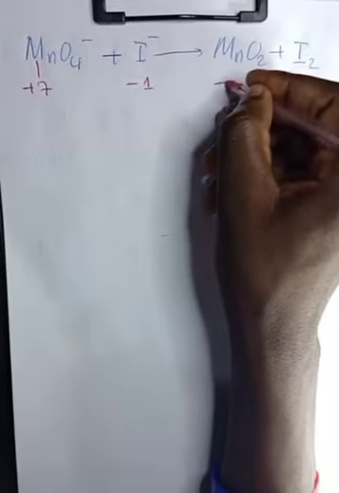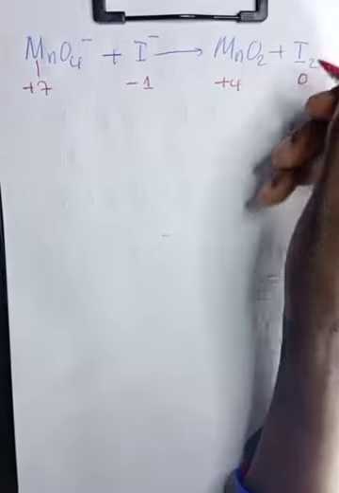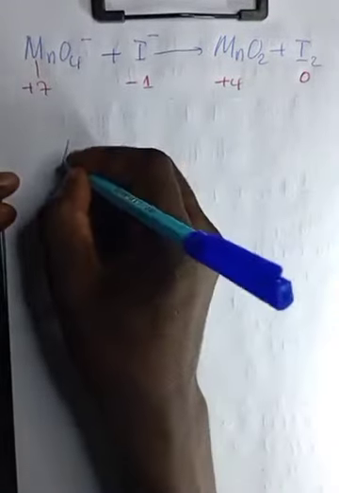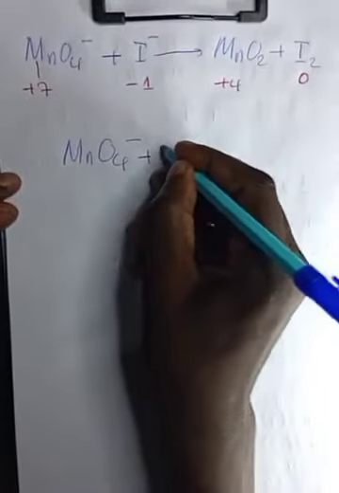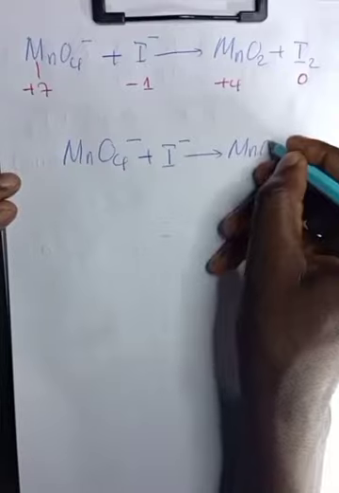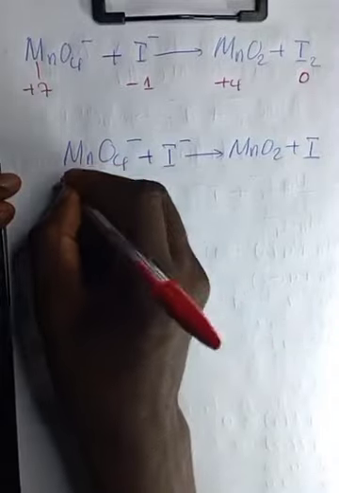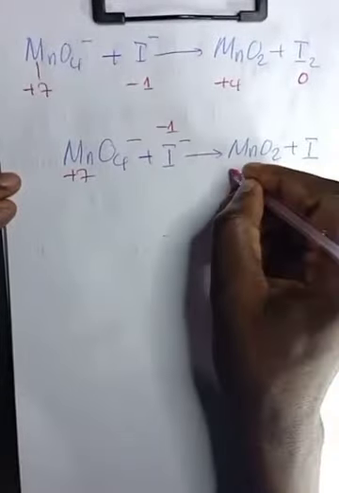Then this one is +4. Then this one is 0. Now we are going to bring it down here. We have this one, MnO4 minus plus iodide minus, then plus that. So we know that this is +7, this is -1, this is +4, this is 0.